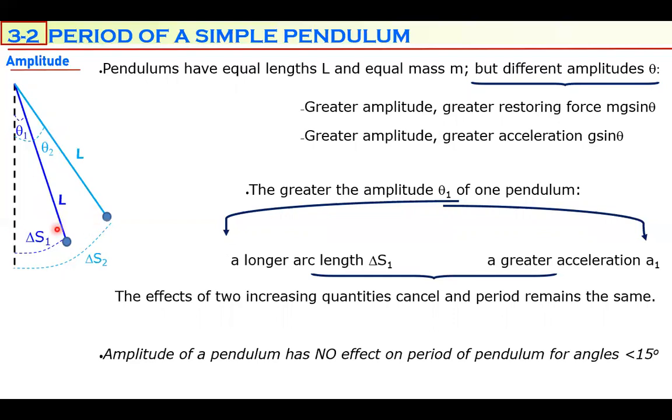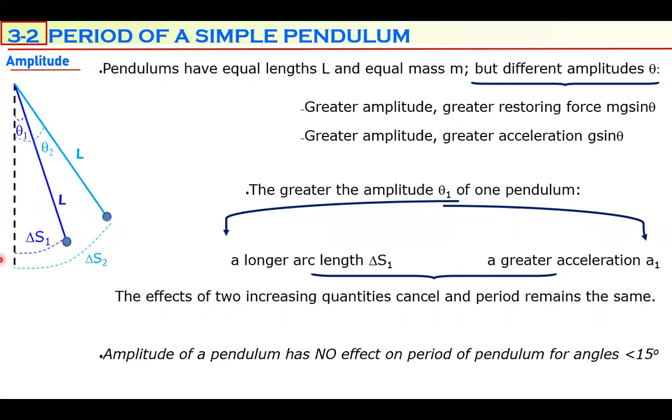But period does not change, because as you make theta greater, force also increases, and acceleration also increases. That's why smaller arc length means smaller acceleration, and greater arc length means greater acceleration.